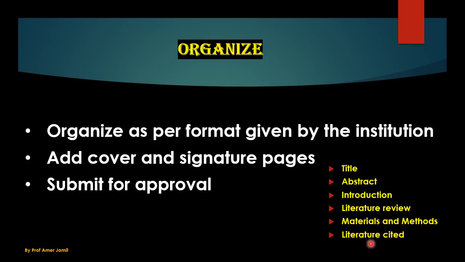Like if this is the order, you will write in this order, and also you add the cover page and the signature pages, and finally you submit for approval. I am not mentioning a particular type of format here because it also varies a little, but these are the common things which are added.